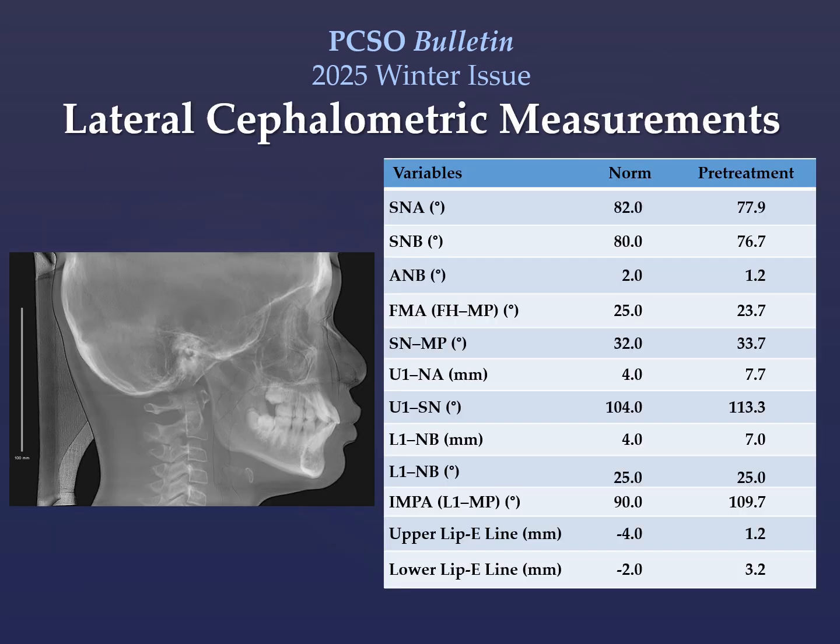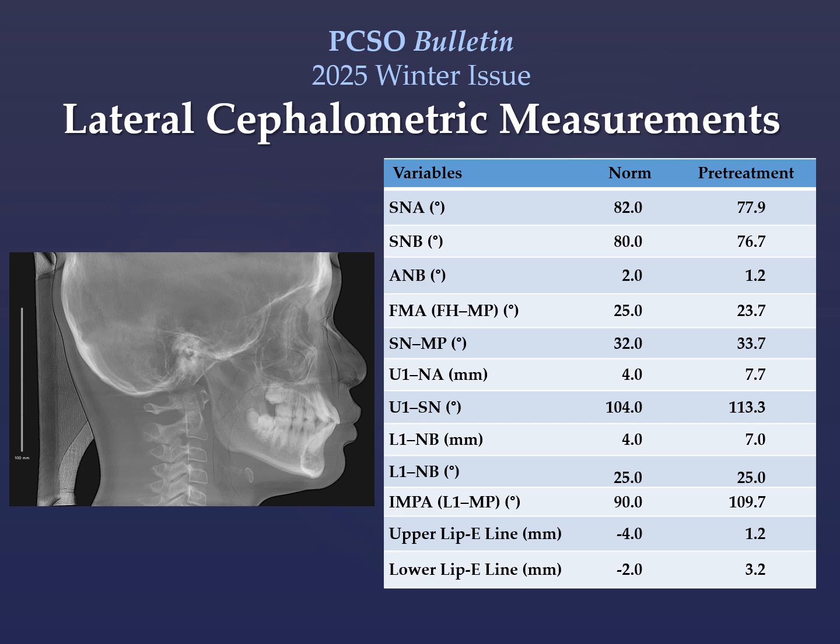This slide shows the patient's lateral ceph with the corresponding pre-treatment cephalometric measurements. So the analysis does indicate that there's a skeletal class 1 pattern with an ANB of 1.2 degrees and a normodivergent growth pattern with SN-MP of 33.7 degrees.